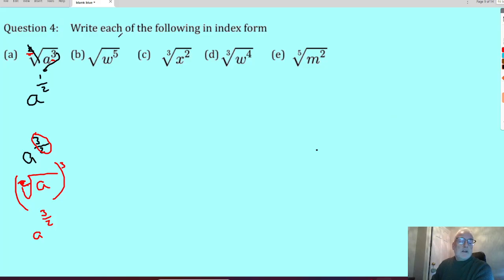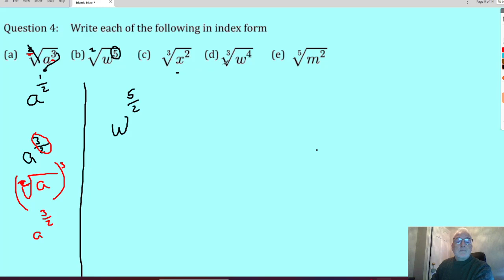Let's see if we can make that make sense a little bit on the next one. So we've got w as my base. Again, I've got a square root, so I've got 1/2, and I'm raising it to the 5th power. So 5 divided by 2, 5 divided by 2.